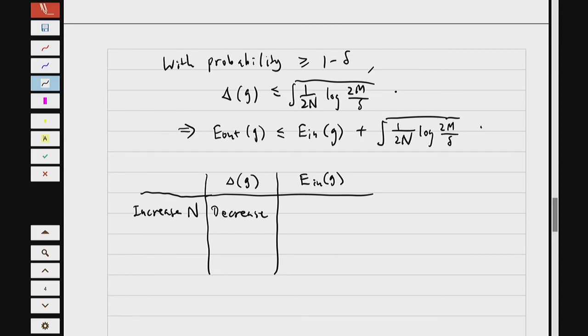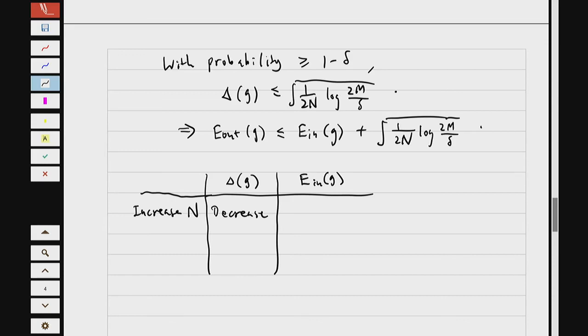How about E in, though? If I have more and more data in my training set, you might expect that it gets harder and harder to optimize your hypothesis given the data set, right? Suppose you have a fixed amount of computation power. You have the same computer, fixed amount of memory, fixed amount of time that you can run your computer to find the optimal hypothesis. You expect this optimization becomes harder and harder as you have more and more data points. Think about the PLA, the perceptron learning algorithm, right? You have to look through so many data points. Harder and harder to find the optimal solution.